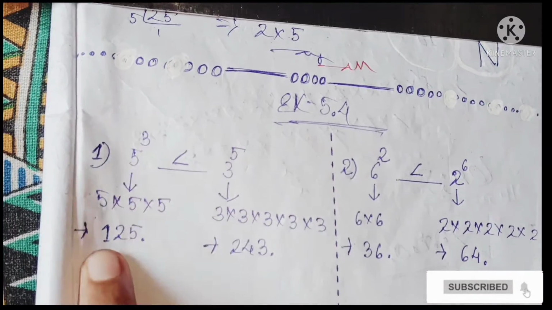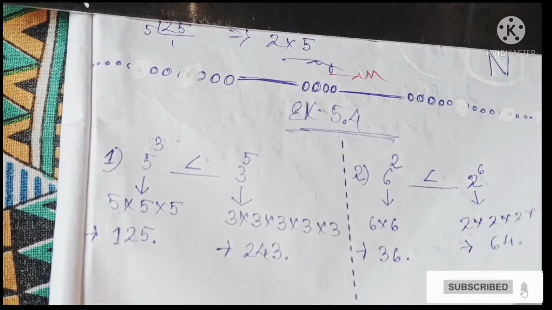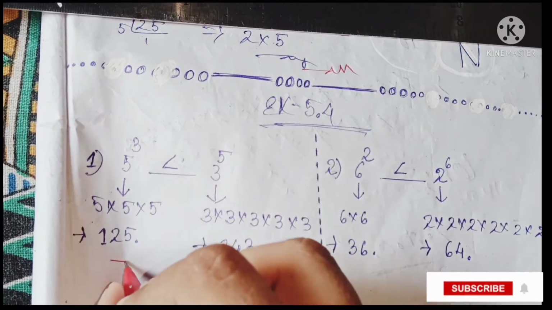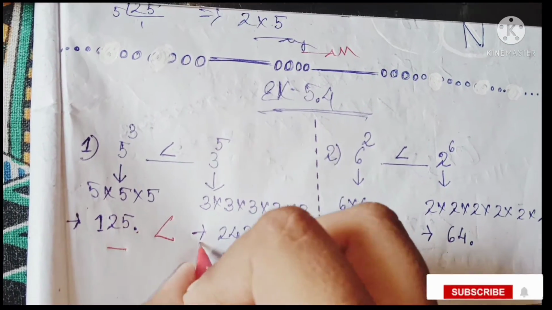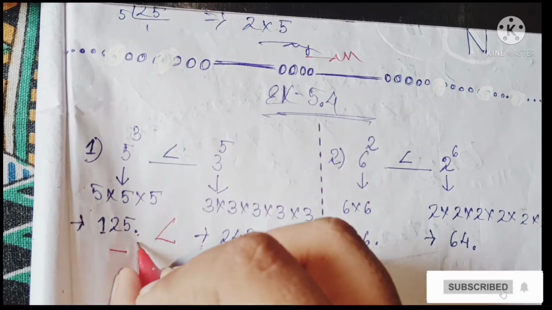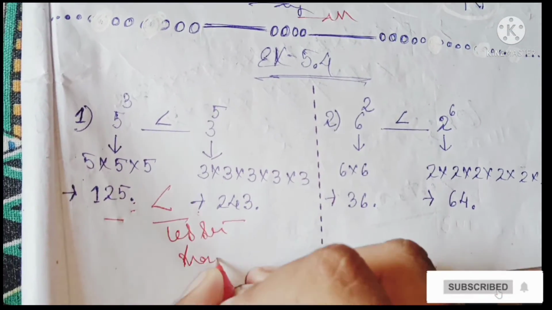So here the result is 125 and here the result is 243. Which is greater? This is the greater one and this is the lesser one. So this is lesser than it, so it's a lesser than sign.